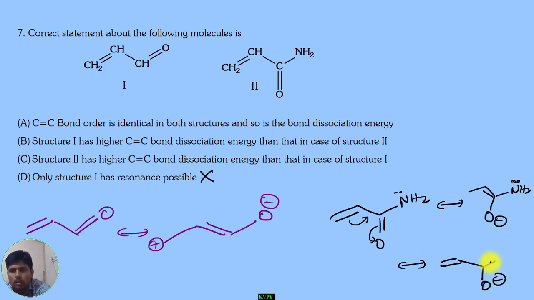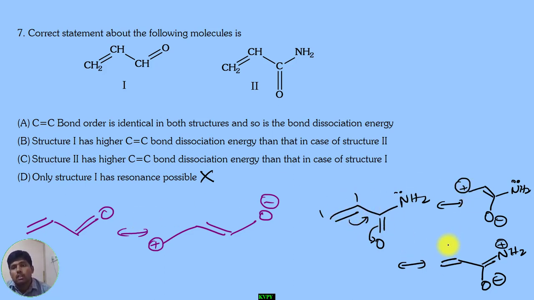O minus double bond NH2 plus. So basically here it will be plus here. Basically here the resonance is of two-way type. So there is no proper resonance when we look at this particular carbon-carbon double bond. So here if you see, bond order will be slightly higher than this.